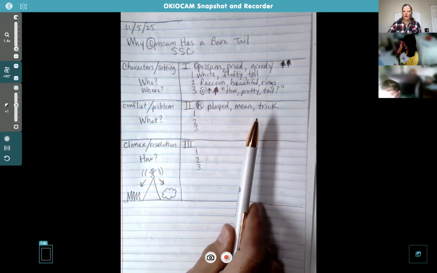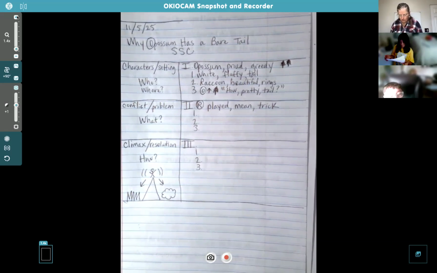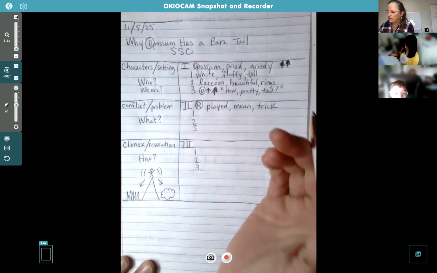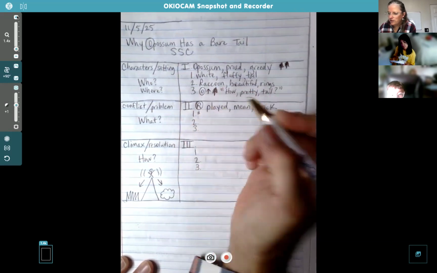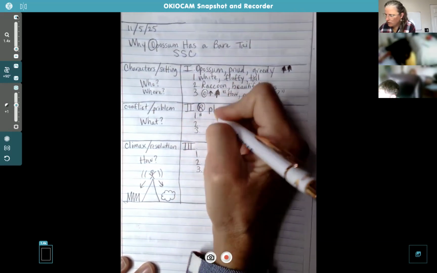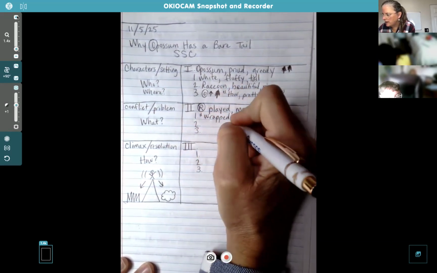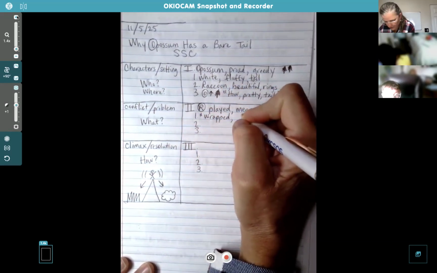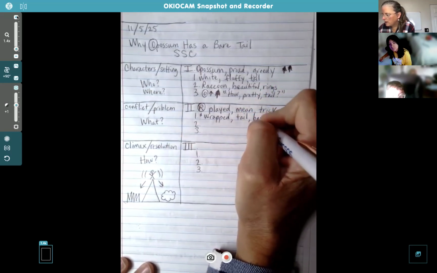What did he tell Opossum to do? To wrap his tail in cedar bark and put it in fire coals. So good. So let's put quotation marks here because this is what Raccoon's going to say. Wrapped, like he said, I wrapped my tail, right? So I'm going to put wrapped my tail with bark.